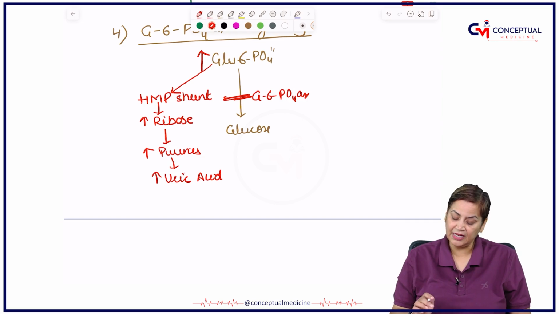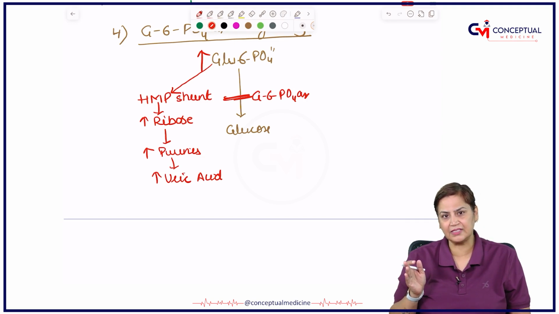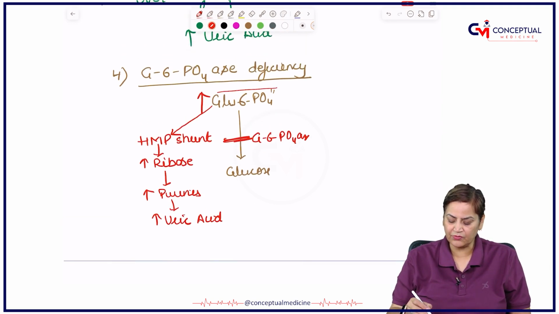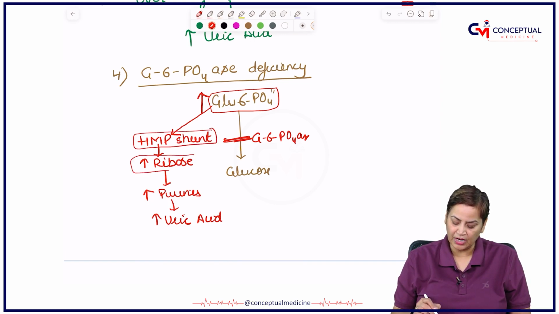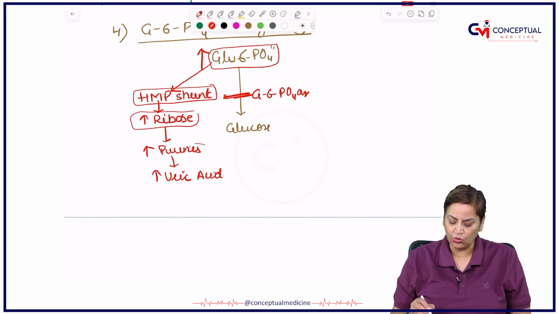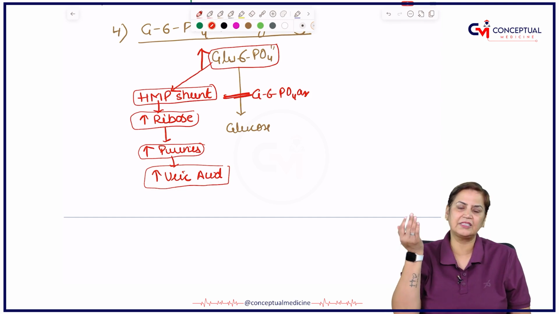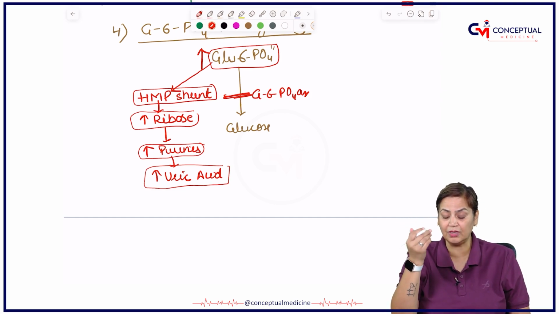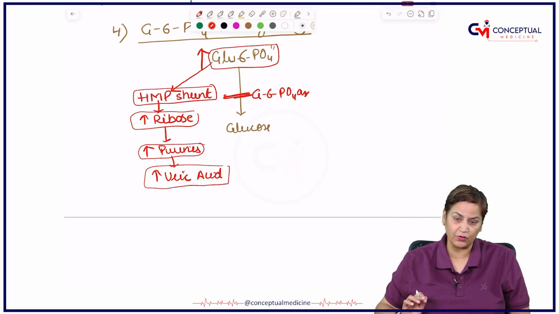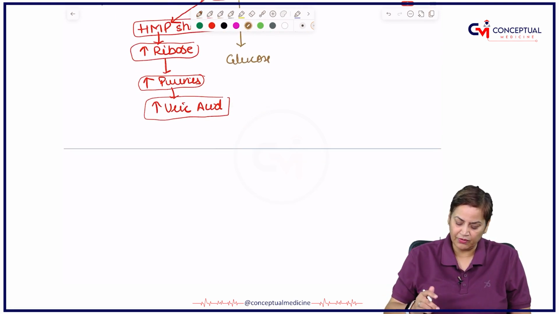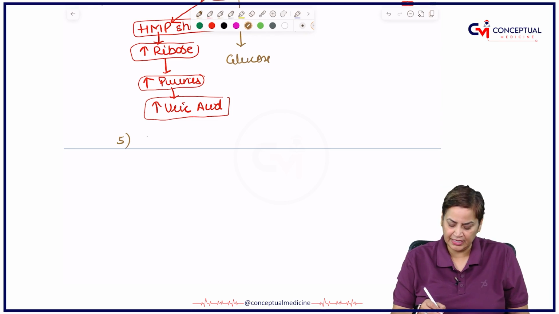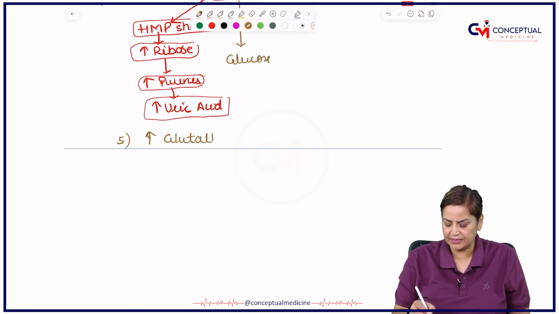Whenever glucose 6-phosphatase is deficient, the concentration of glucose 6-phosphate will increase and enter the HMP shunt, leading to more ribose sugar, overproduction of purines, and over degradation to uric acid. So again, this hyperuricemia can be due to the deficiency of the glucose 6-phosphatase enzyme. Then the fifth one is increased activity of glutathione reductase.